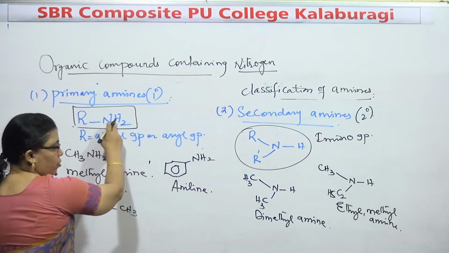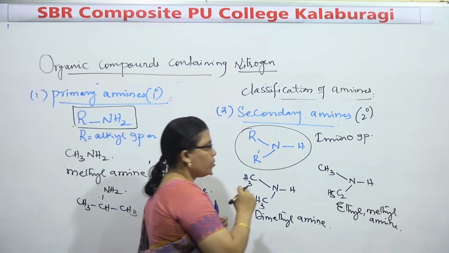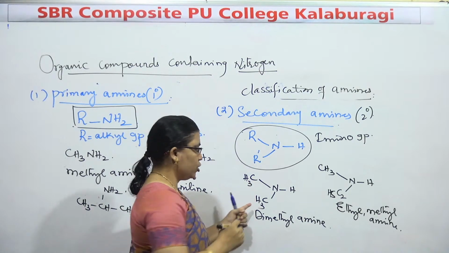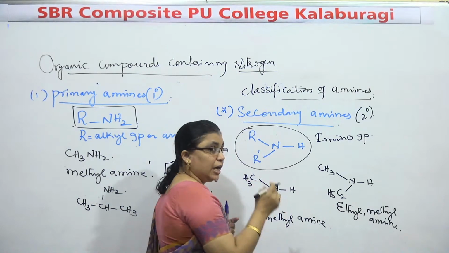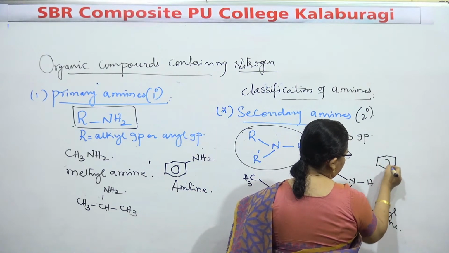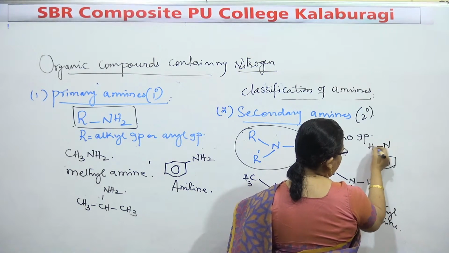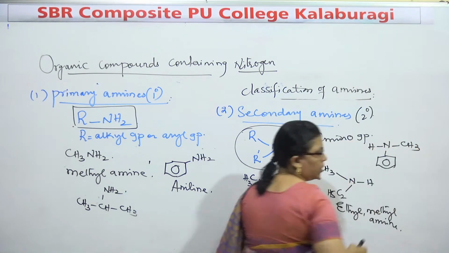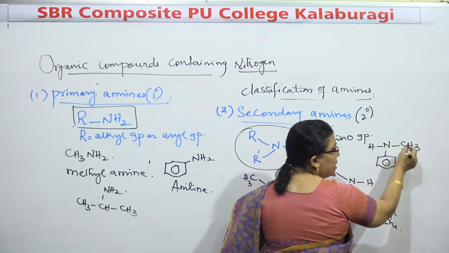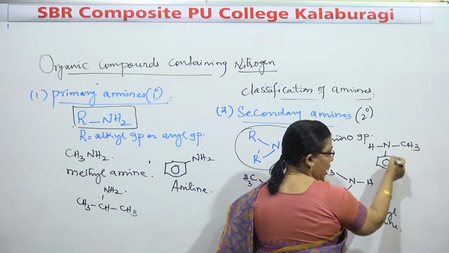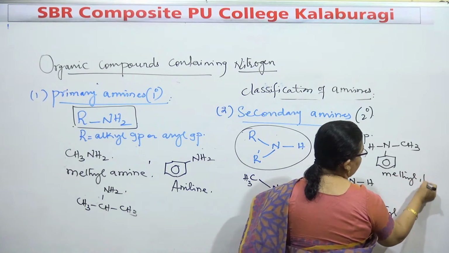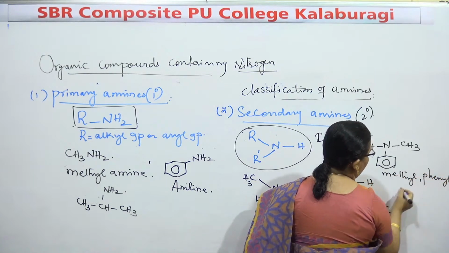The two alkyl or aryl groups may be same or different. Even with aryl: one is benzene, another may be methyl group. We can call it methyl phenylamine.